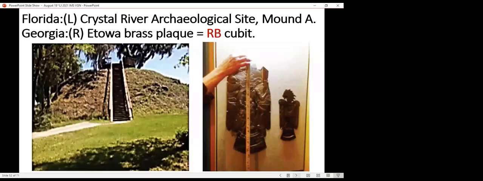This is the main pyramid at Crystal River, in styles similar to Mesoamerica and elsewhere. The one on the right is a brass recreation of their sun god and measured with a cubit.